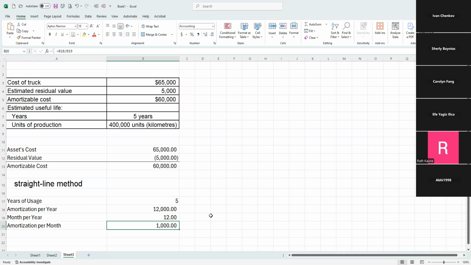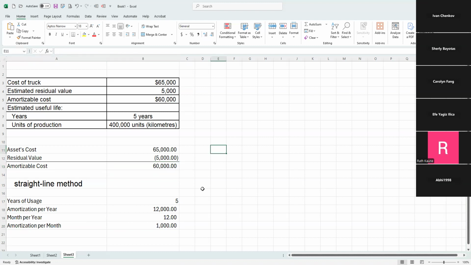Can I prepare weekly reports? No, a week is not a reporting period. So for that reason, most of the time we need amortization per month. So once we do this, now we know how much is per month, how much is per year. Obviously every month when we amortize $1,000, at the end of the 5 years, we're going to amortize $60,000.